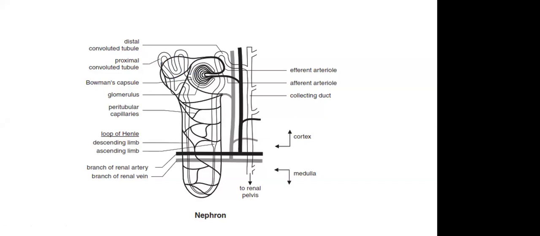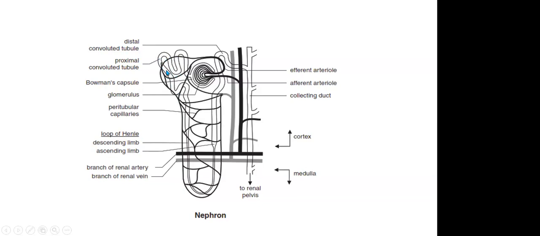Because when the filtrate is passing through this proximal convoluted tubule, remember it is surrounded by a network of peritubular capillaries. So the contents in the filtrate are being taken back into this network of peritubular capillaries. And that's what we call selective reabsorption.